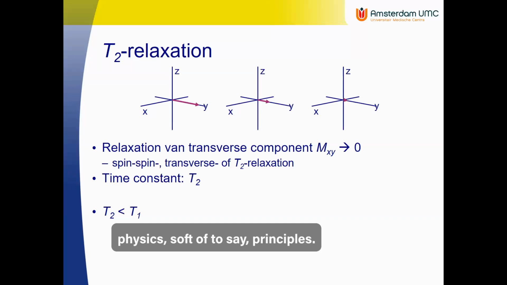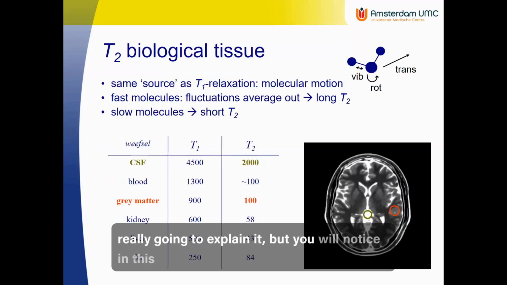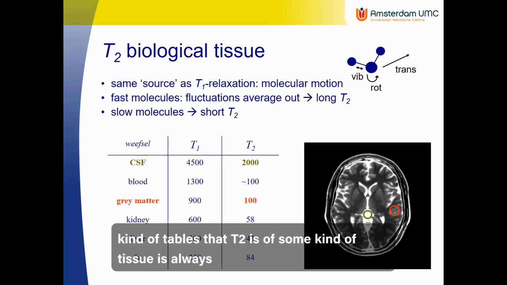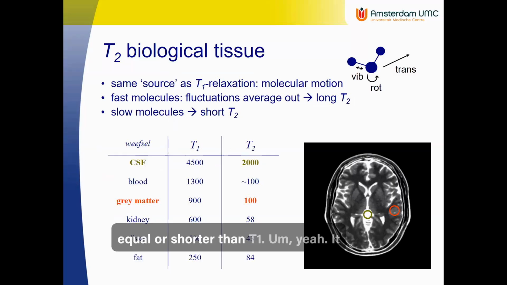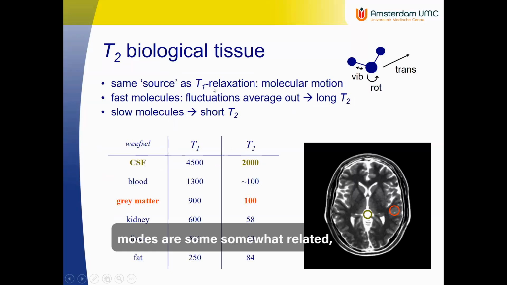But you will notice in these tables that the T2 of a tissue is always equal or shorter than its T1. It has a similar source, so the two relaxation modes are somewhat related, but we are going to look at them as independent.